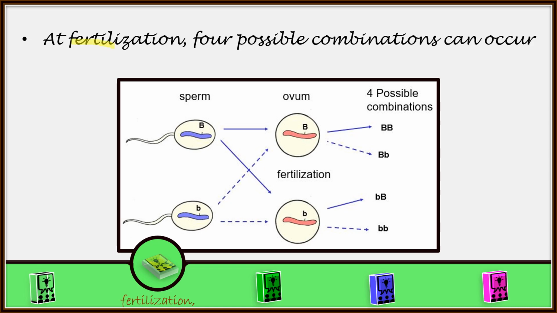So after fertilization, 4 possible combinations are going to occur: capital B, capital B; capital B, smaller b; capital B, smaller b; and smaller b, smaller b.